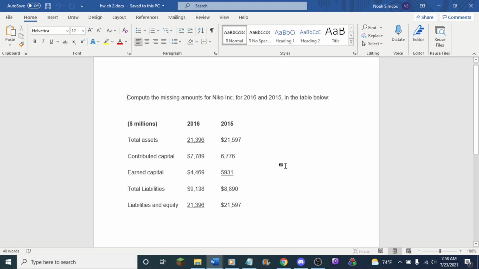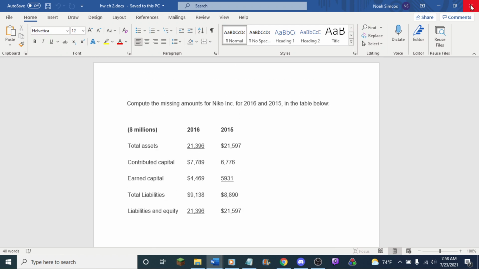Oh my god. That was all we had to do? That is the simplest thing of all time. I love how they use different words. So earned capital and contributed capital. That's so incredibly simple.